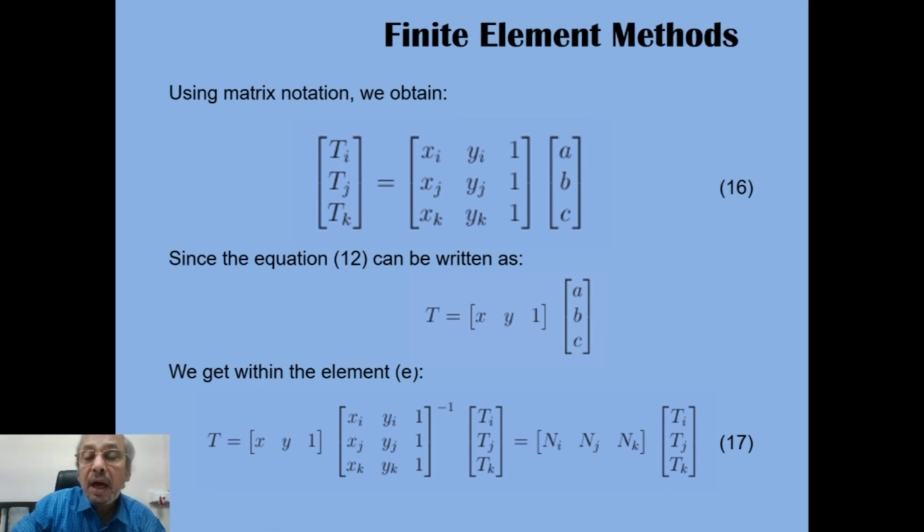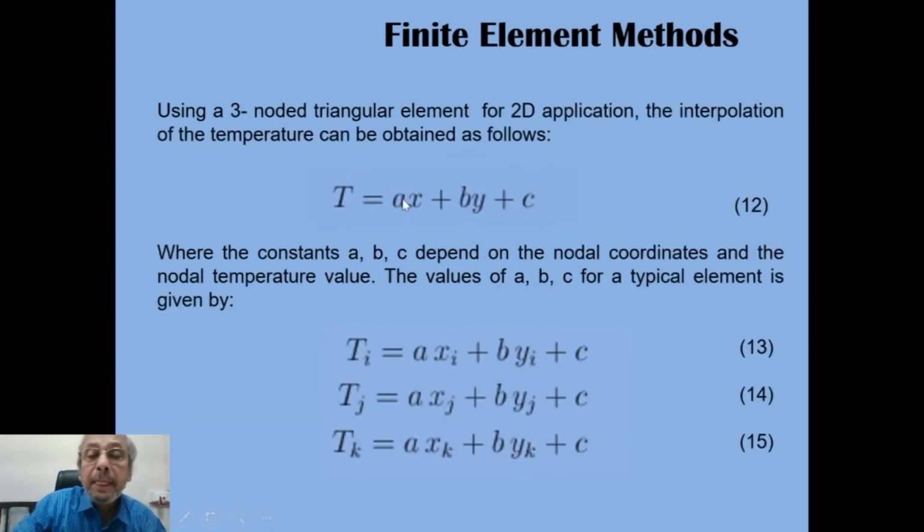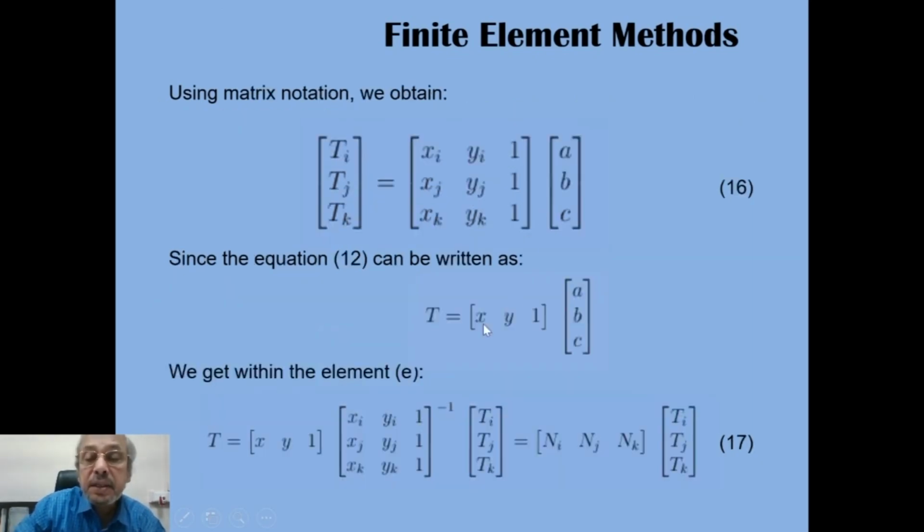Again, I am going back to the earlier slide. Ax plus By plus C can be written as x y 1 as a row and A, B, C as a column matrix, which will give me Ax plus By plus C. So T can be written as this.